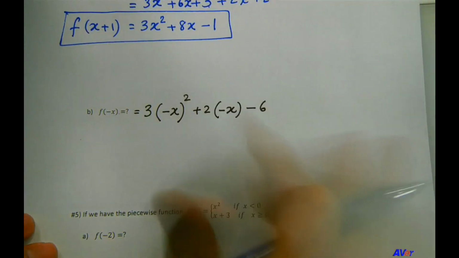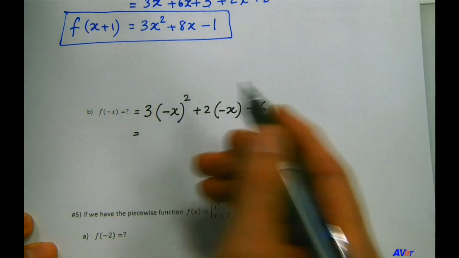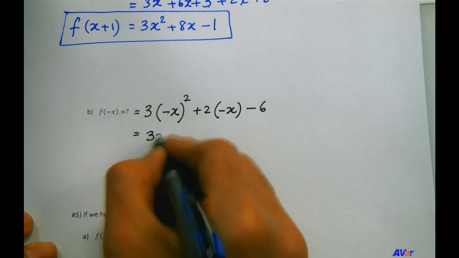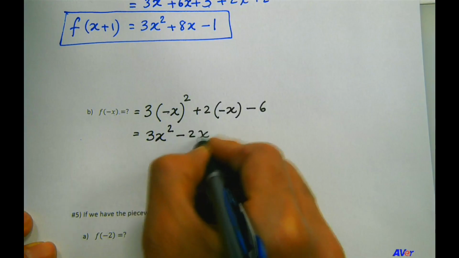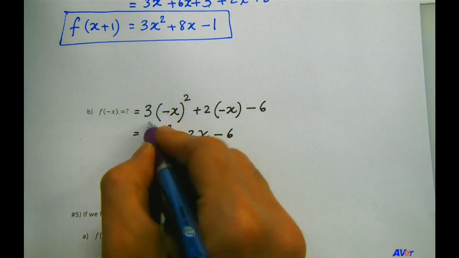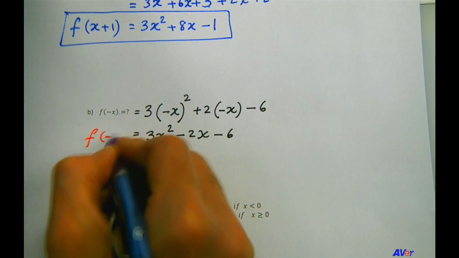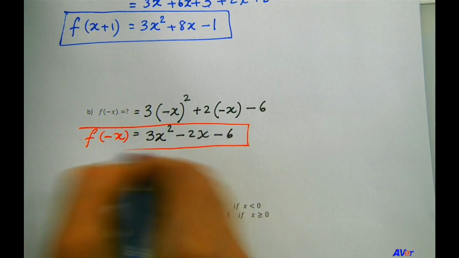So now, let's simplify. Minus x squared is positive x squared. So again, 3x squared. 2 times minus x is minus 2x, minus 6 that comes after. So this is f of the function at negative x.